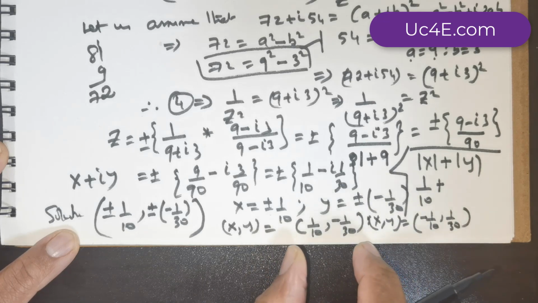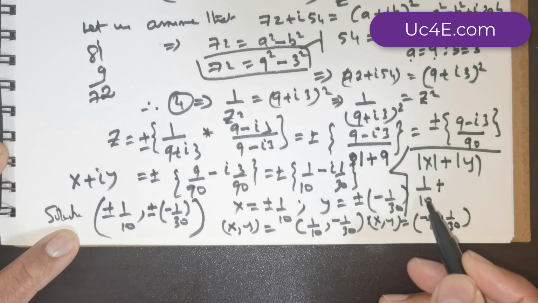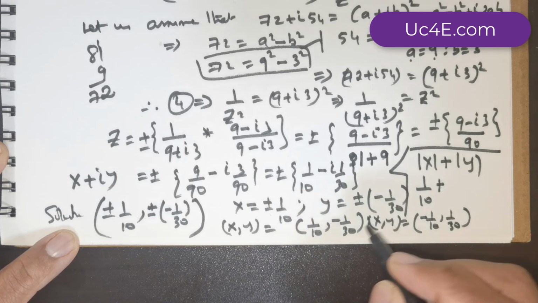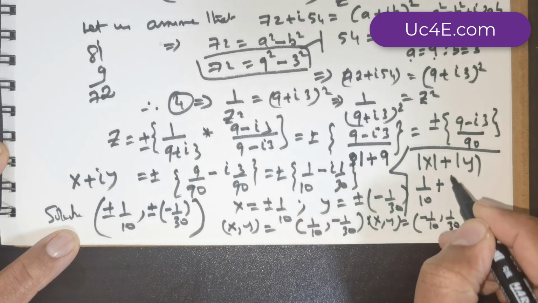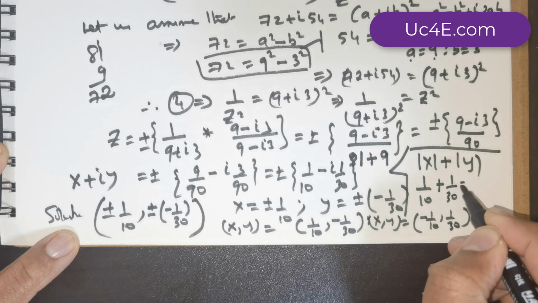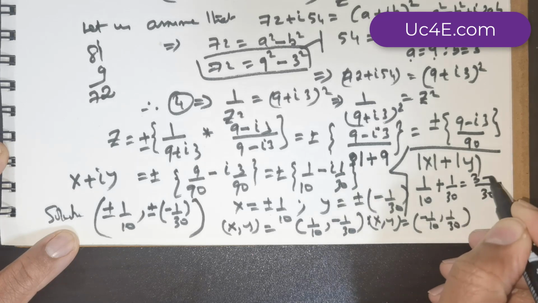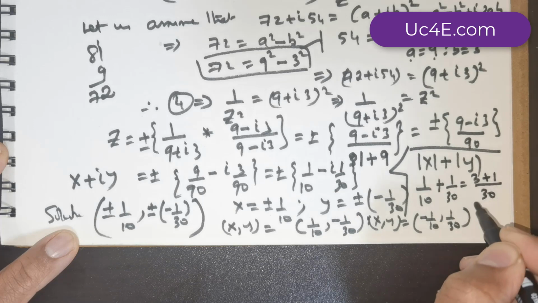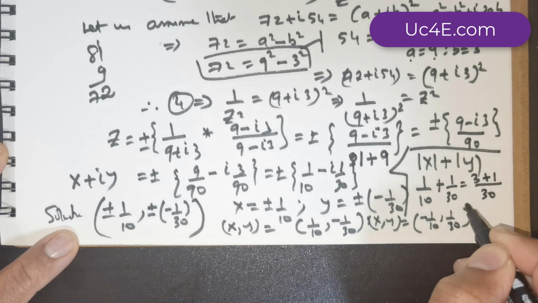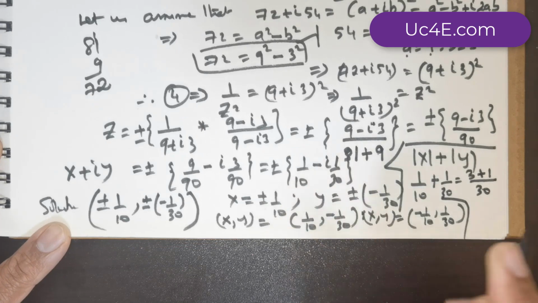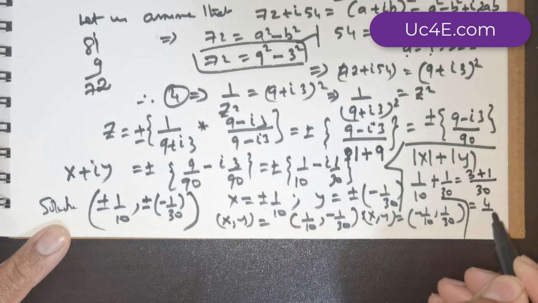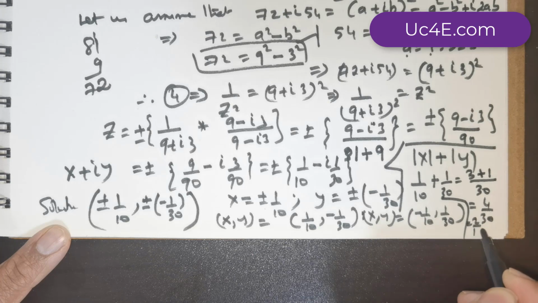But we need the modulus of x and y. So if you take the modulus, it's going to be 1 over 10 added with 1 over 30, which is 3 plus 1 over 30, equal to 4 over 30. So that's nothing but 2 over 15.